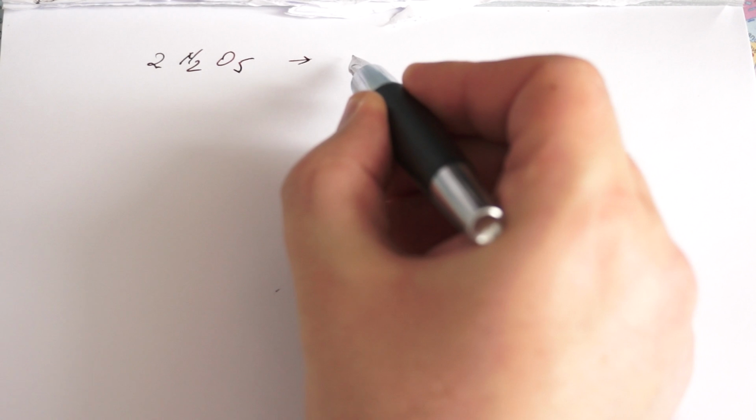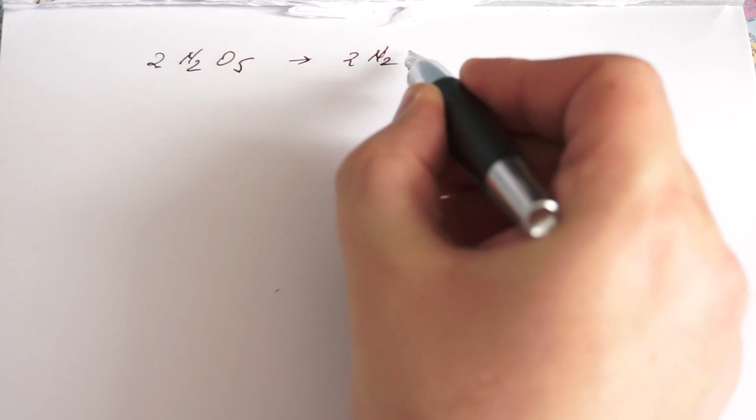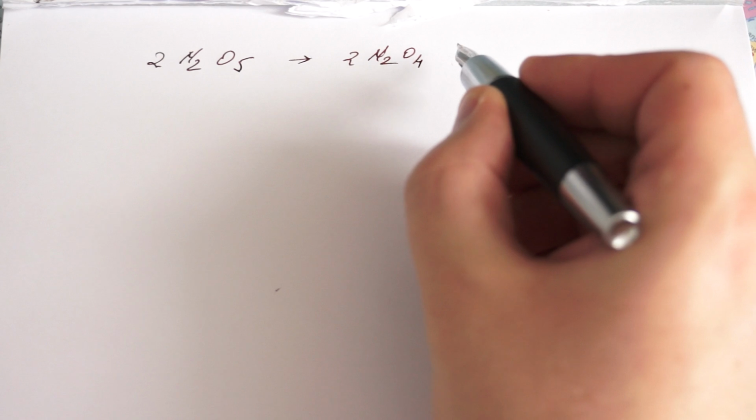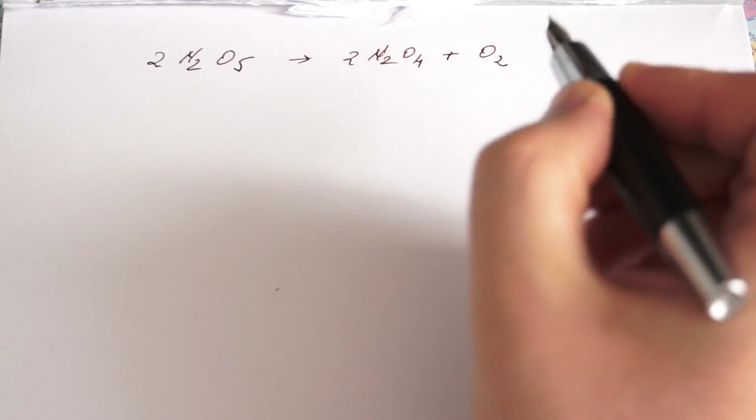Now we are going to take yet another example that is hopefully also very revealing, and that is the decomposition of nitrogen pentoxide into dinitrogen tetroxide plus one oxygen molecule.